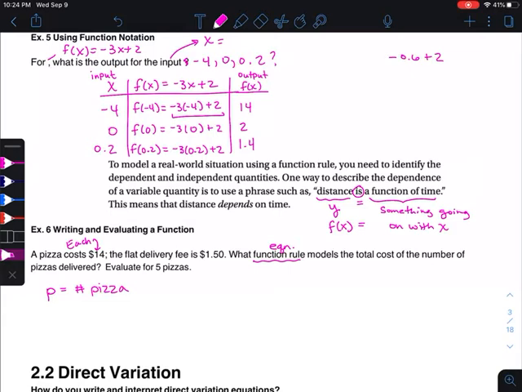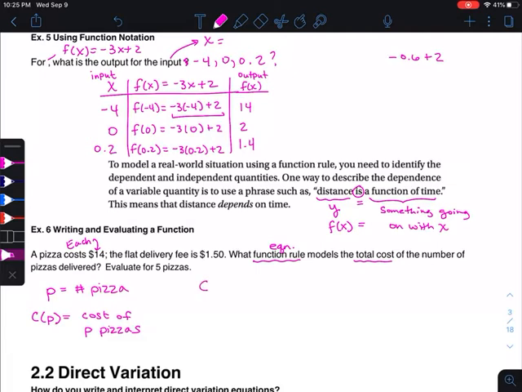So write a function rule that models the total cost of the number of pizzas delivered. So the total cost is a function of the number of pizzas delivered. That means we need a variable to represent total cost. So maybe we use C of P, the cost of P pizzas.